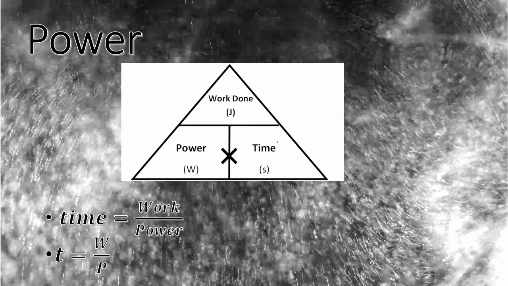In this case, we're going to find time given work and power. So if you're going to find time, you divide work by the power to get the time for this given. And the unit for this is in seconds.